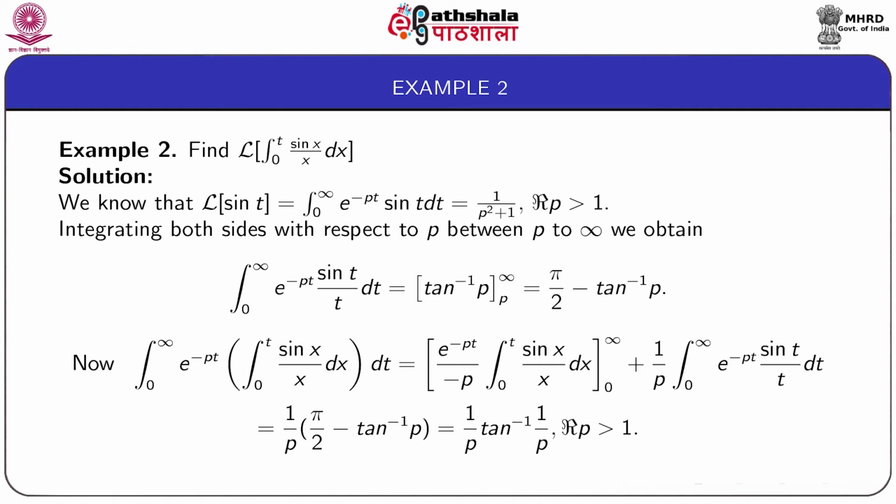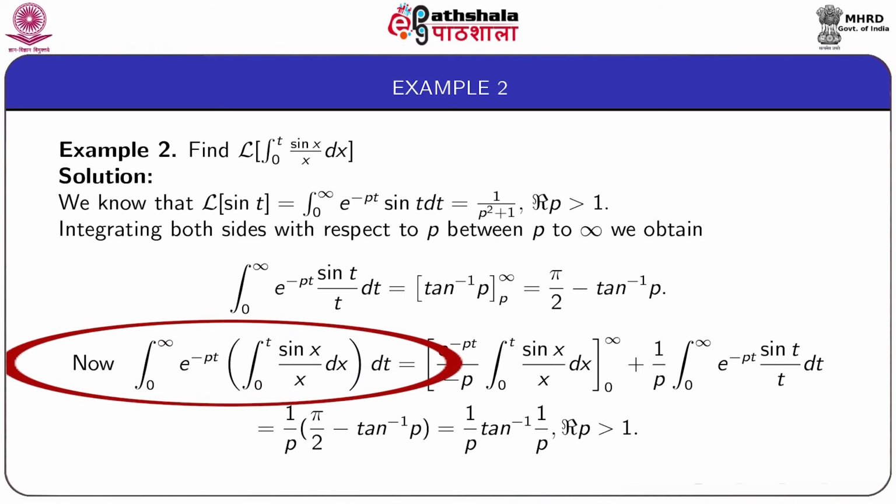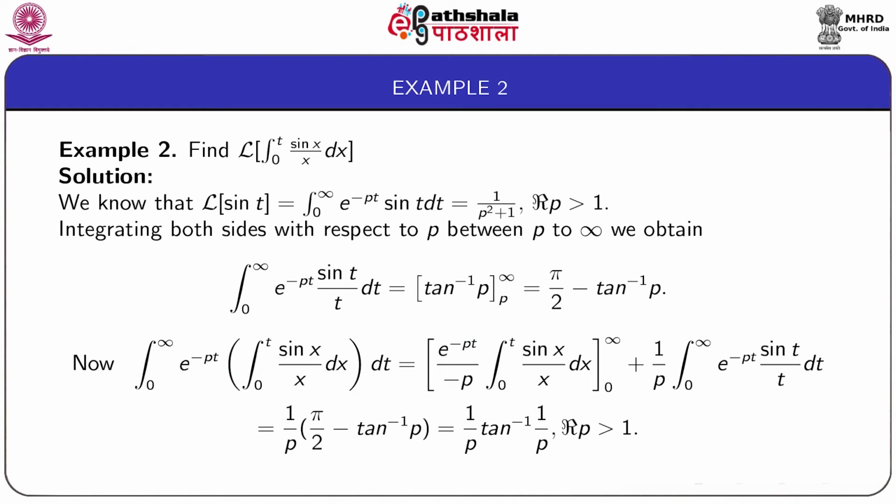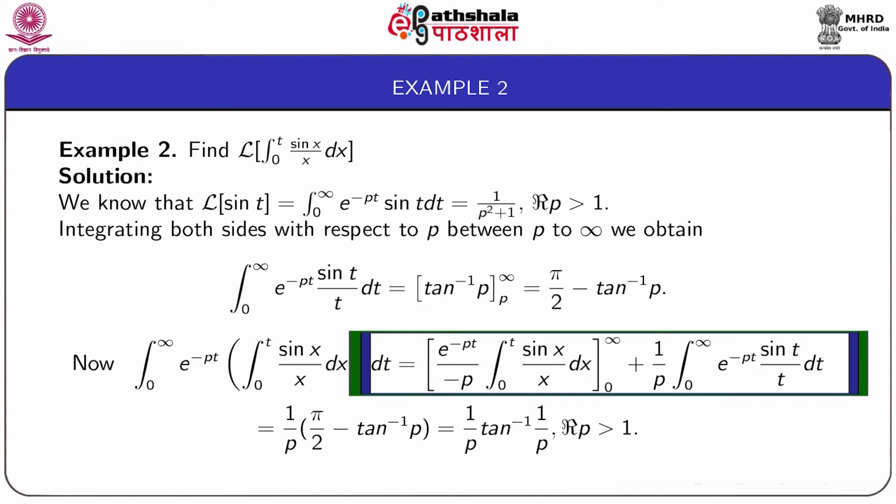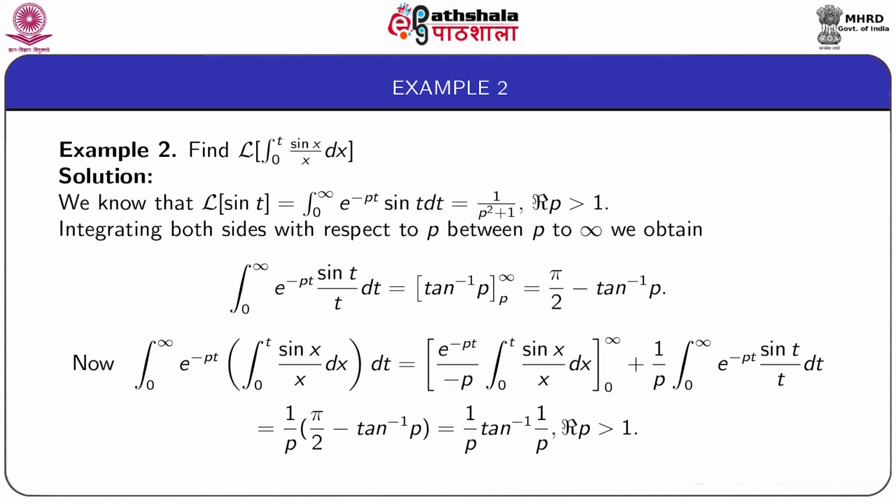Now integral from 0 to infinity e to the power minus pt integral from 0 to t sin x by x dx is equal to e to the power minus pt by minus p integral from 0 to t sin x by x dx from 0 to infinity plus 1 by p integral from 0 to infinity e to the power minus pt sin t by t dt.